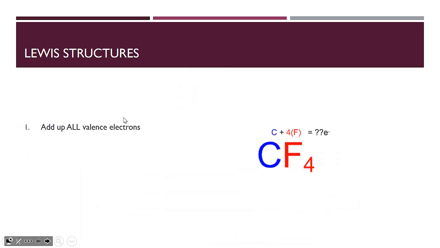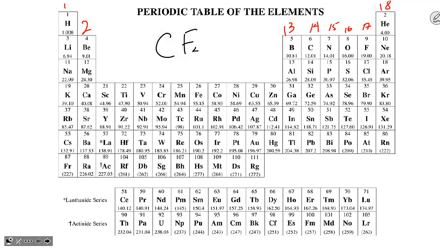So if I want to draw the Lewis structure for carbon tetrafluoride, I need to know how many electrons are going to go into this compound, specifically the valence electrons. So I'll grab my periodic table. Carbon tetrafluoride, carbon here, and fluorine here.